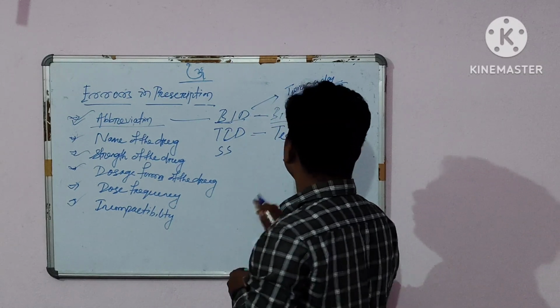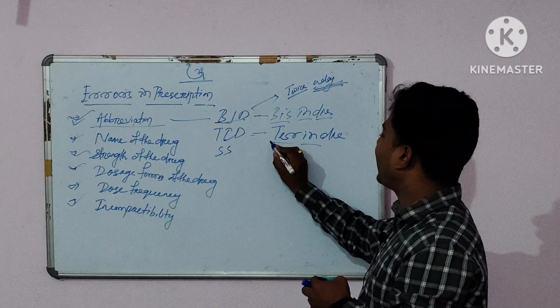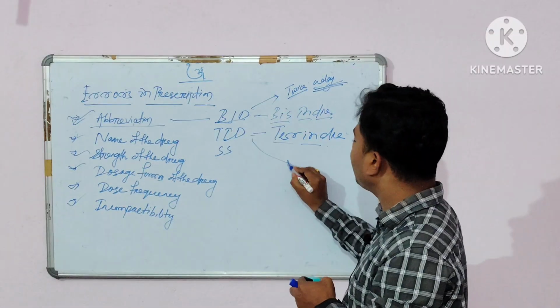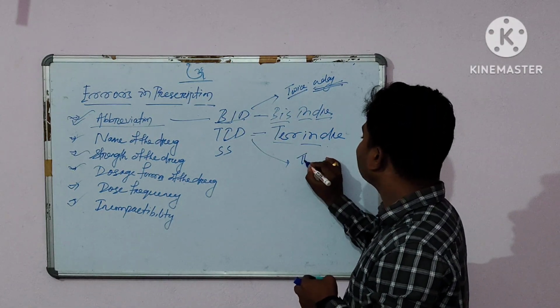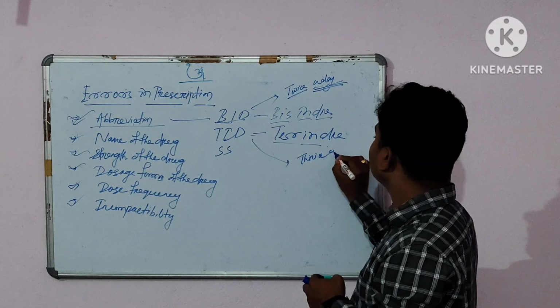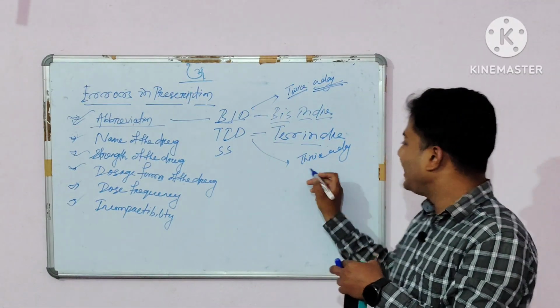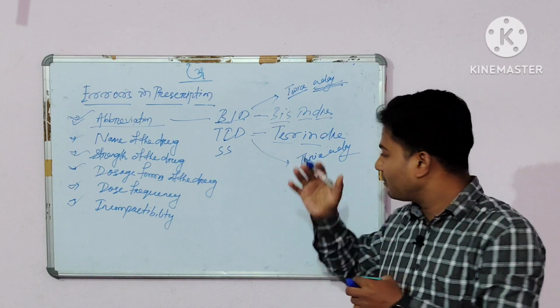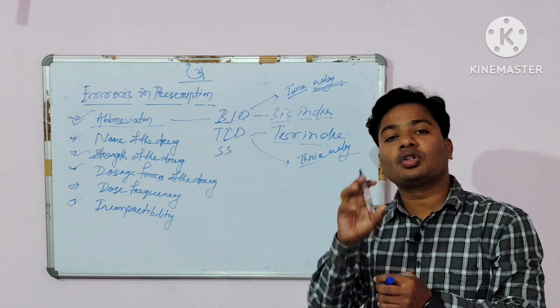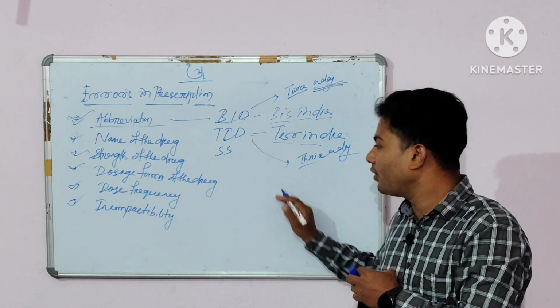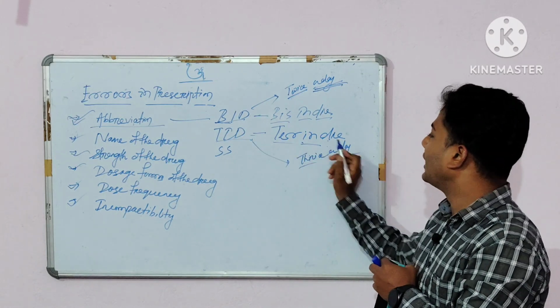That is the Latin meaning, and in English that is thrice a day. That means you have to administer 3 times a day, that you have to take the medicine 3 times a day. That is TID.